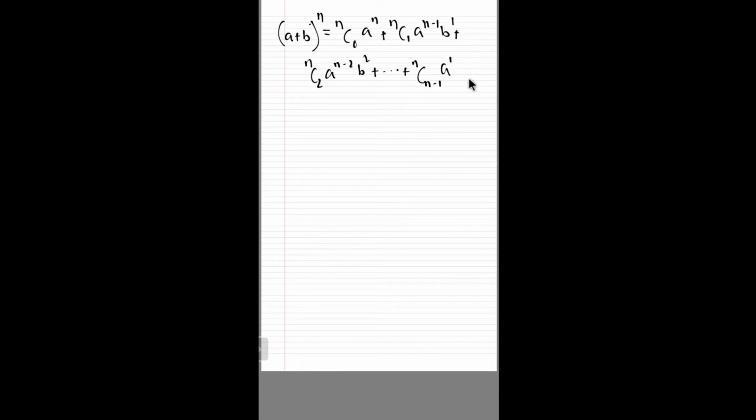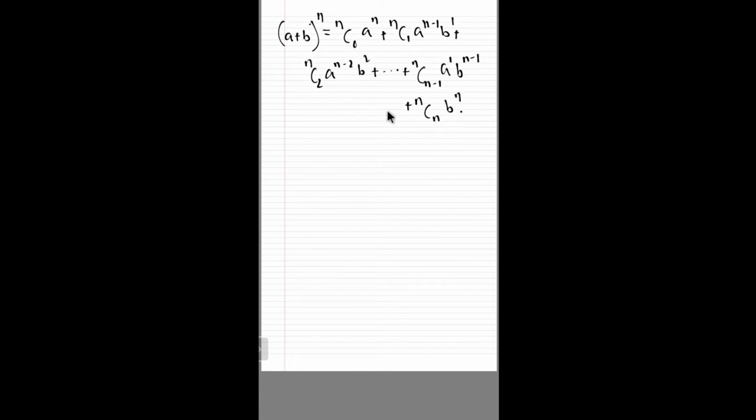Since I don't have that much space here, I'm writing it like this, b to the power n minus 1. And finally we have the term ncn b to the power n for r equal to n. So this is the whole expansion of a plus b whole to the power n for any positive integer n.